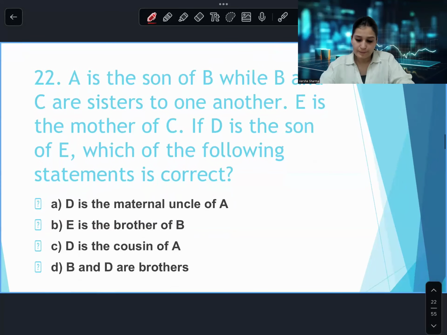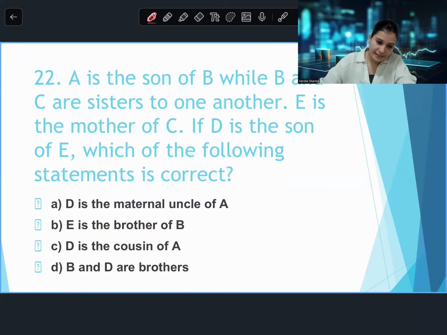22. D is the maternal uncle of A. A is the son of B, while B and C are sisters to one another. So B is the mother.